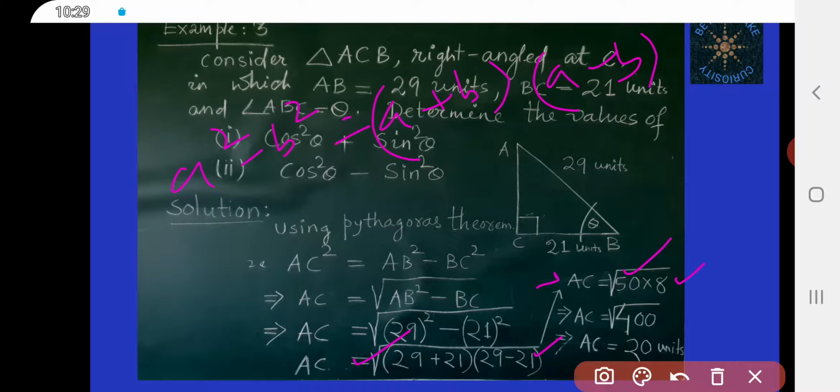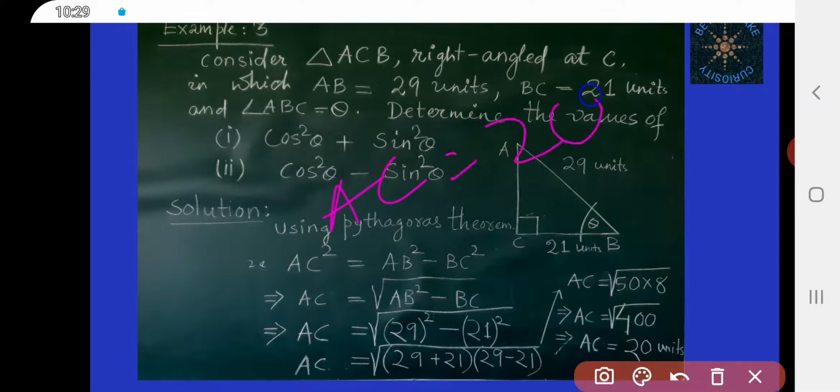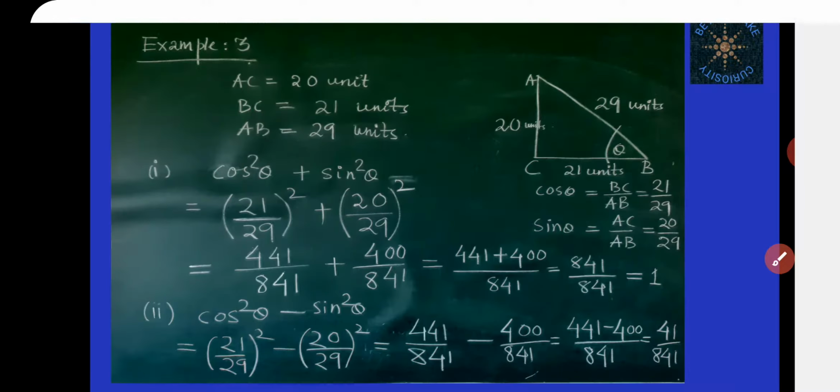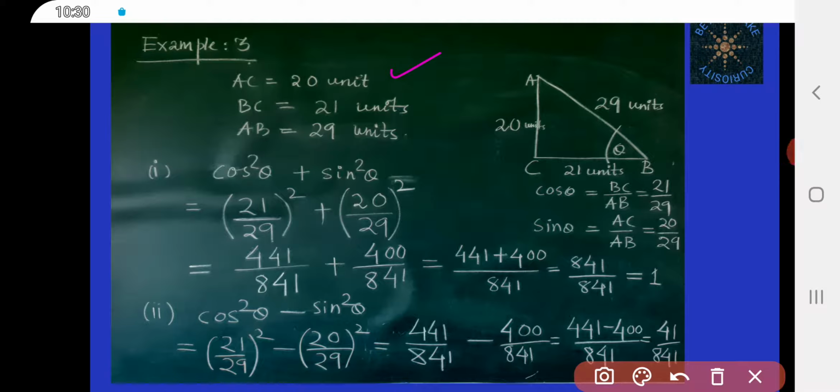You multiply 50 into 8, that is 400. So the square root of 400 is 20. So we got AC is equal to 20 units. Okay. See, AC 20 units, BC 21 units, AB 29 units.